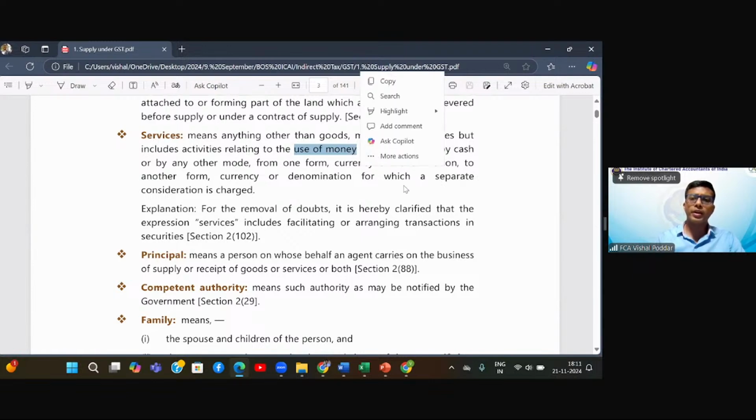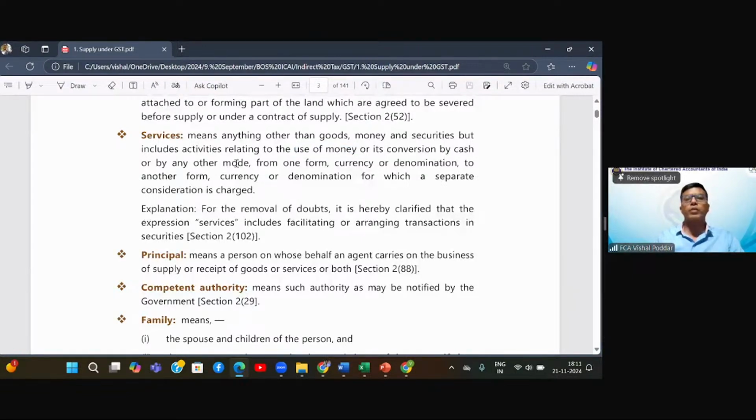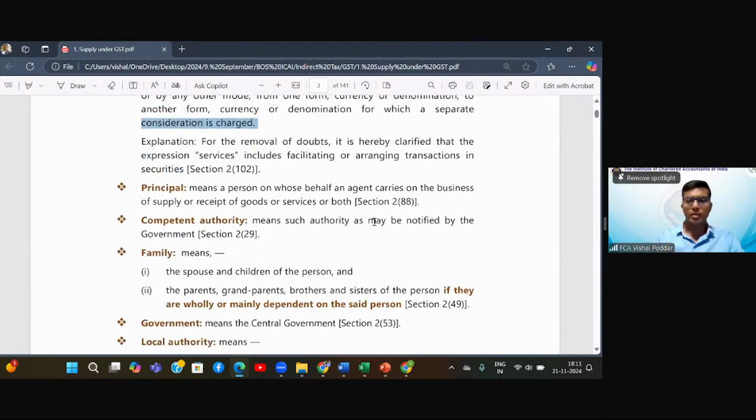Further, what is included is the conversion of money from one mode to another, from one form to another, from one currency or denomination to another. Again, this simply means where you get foreign currency exchange, either for Indian currency or for any other foreign currency, and you are charged some fee, some commission, some charges, then even this conversion is a service.